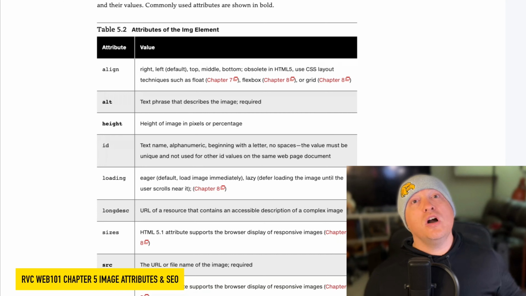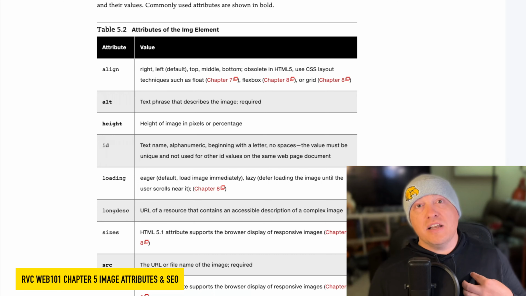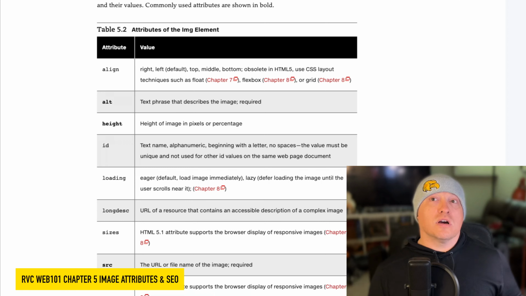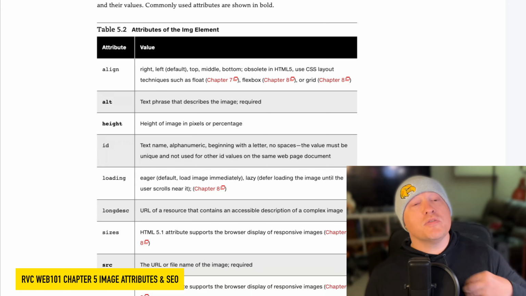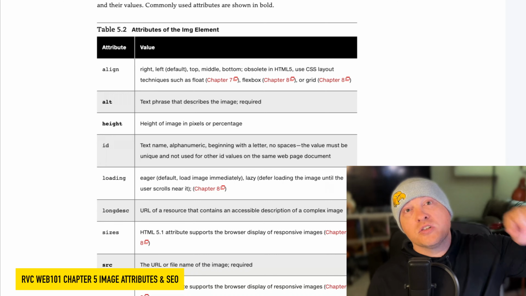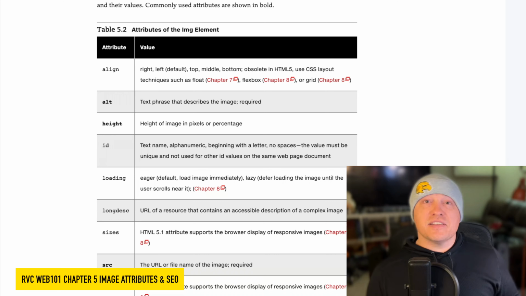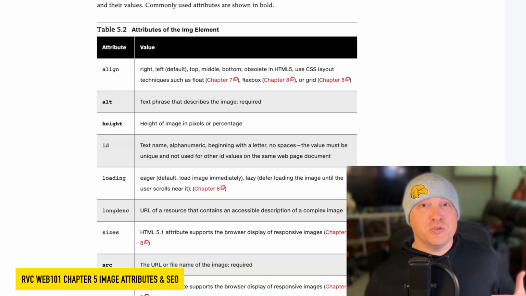So for the longest time, one of the big ways that we as web developers and designers could get more SEO, search engine optimization, was to use that alternate image text to provide context as to our web pages.